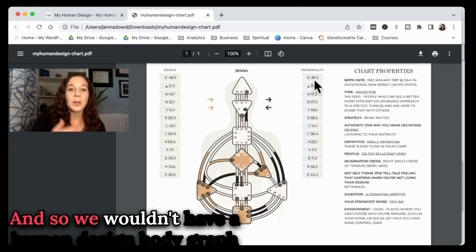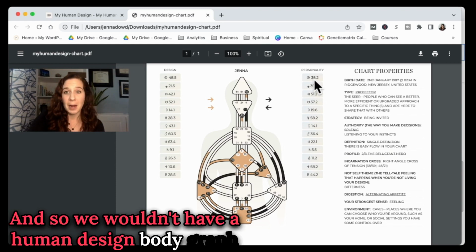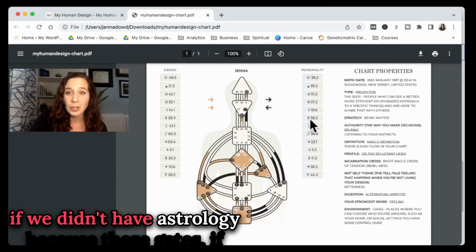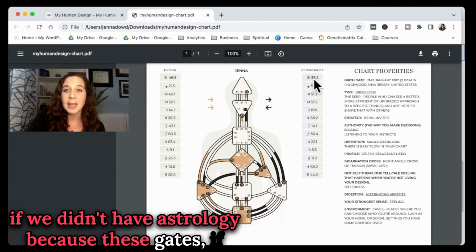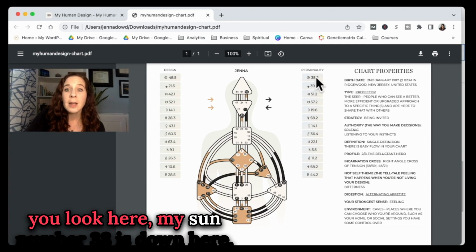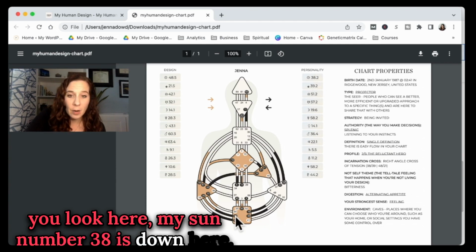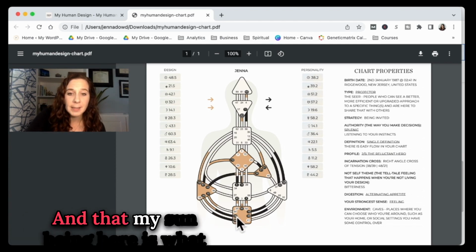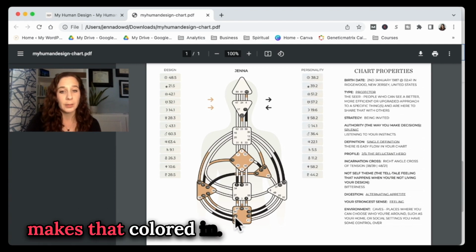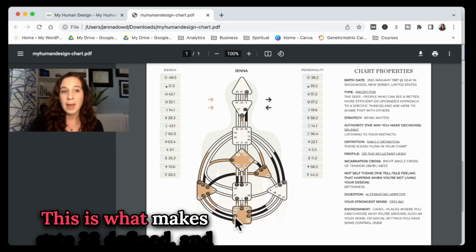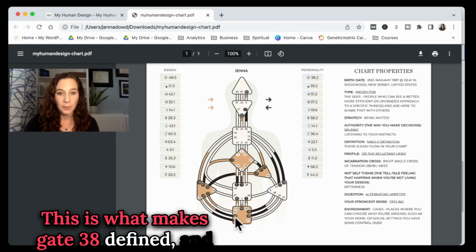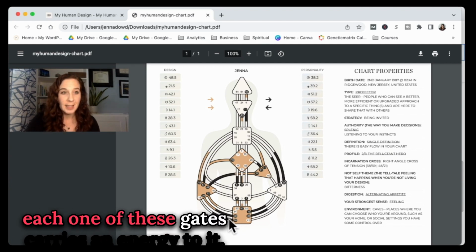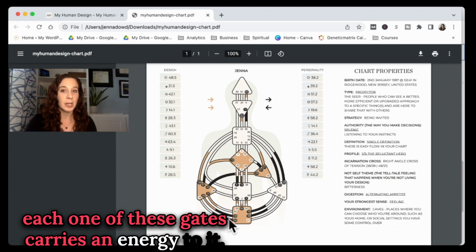And so we wouldn't have a human design body graph if we didn't have astrology, because these gates, if you look here, my sun, number 38, is down here, and my sun being here is what makes that colored in. This is what makes gate 38 defined. And each one of these gates carries an energy to it.